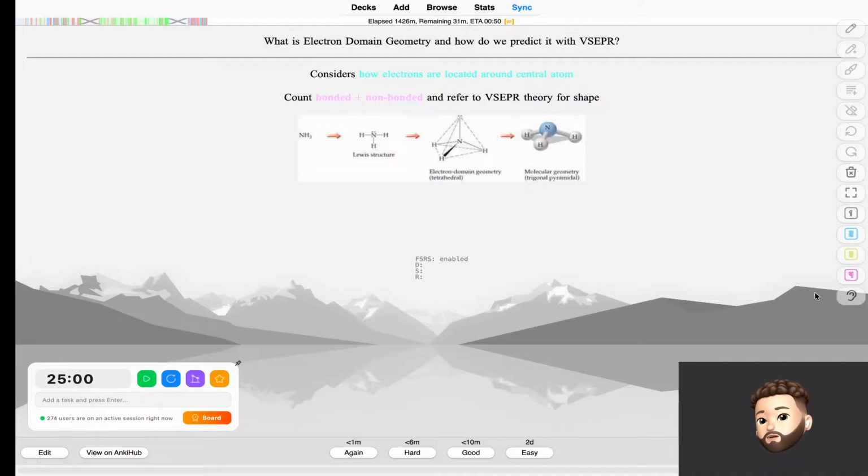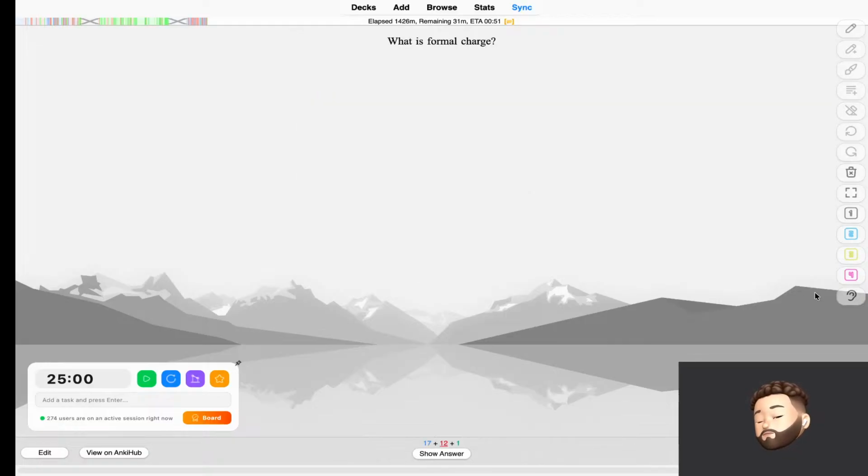Count bonded and non-bonded and refer to VSEPR theory for shape. How electrons are located.